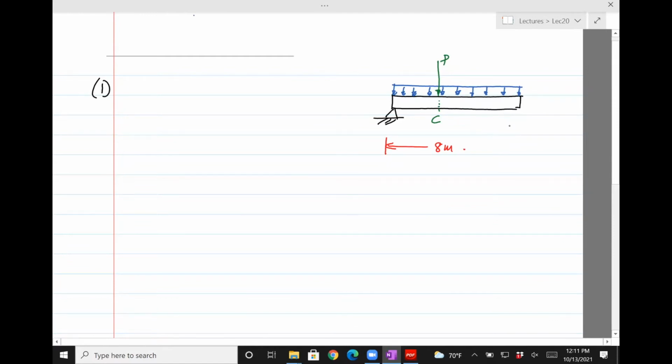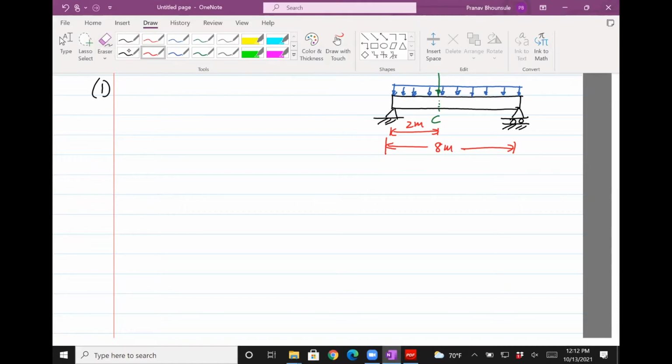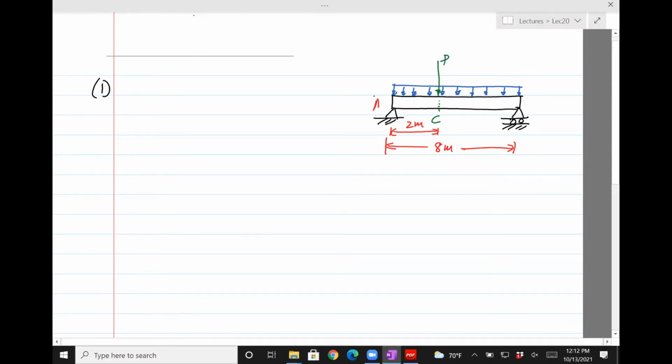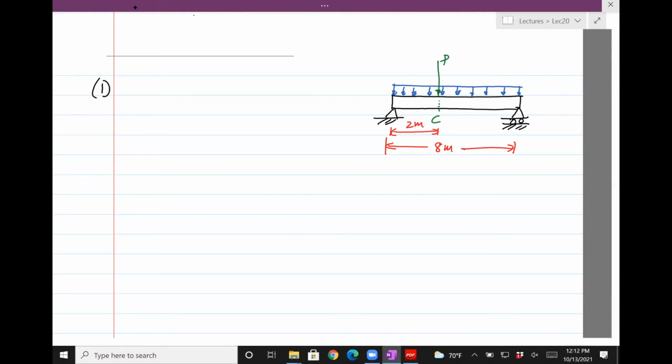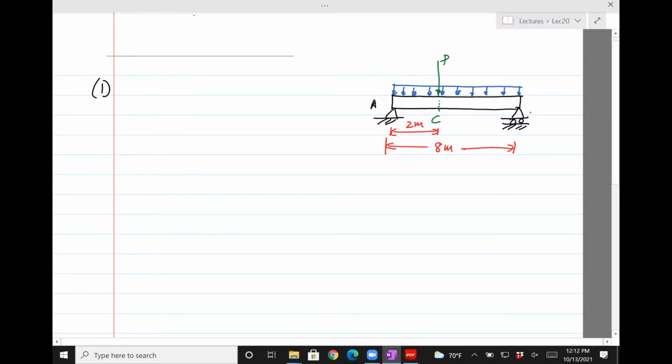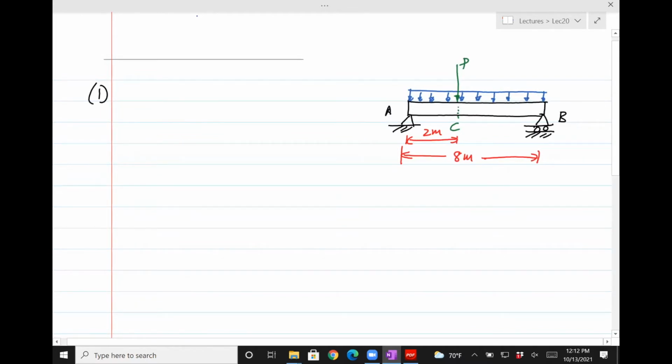And C is 2 meters from A, which is not shown. So we show that A is the left tip and B is the right tip. Okay, so the question is find the deflection and slope at C.